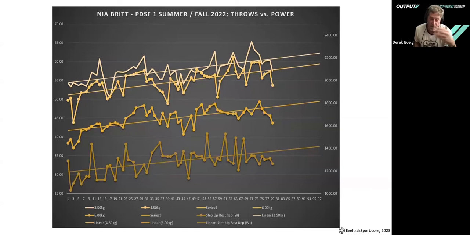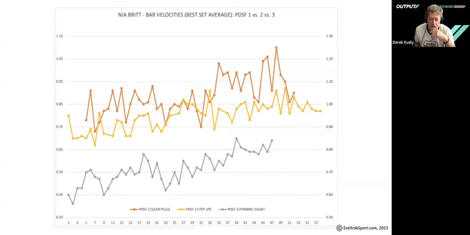So I've done this with numerous different exercises. This one is really interesting because this is Nia, but these are 3 different PDSFs. These curves are all from completely different cycles. They're all bar velocity tracking.